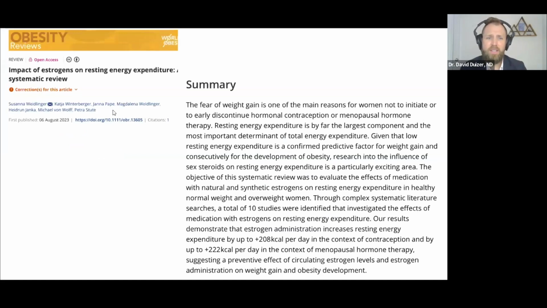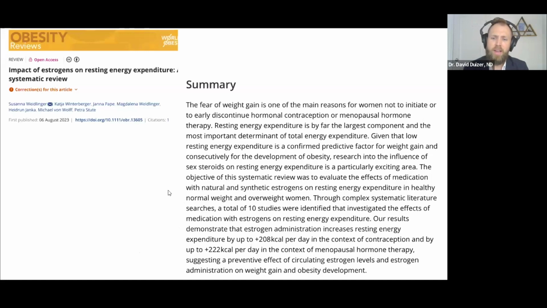Here's a quick look at a systematic review of estrogen use in metabolism. Basically, I just put these in here to show you that this is being studied right now. This is August 6th of 2023, this time last year. We look at menopausal weight gain, and this group of researchers does a systematic review on 10 studies.